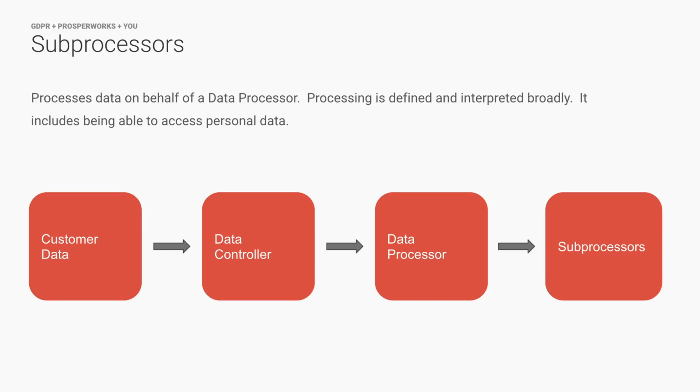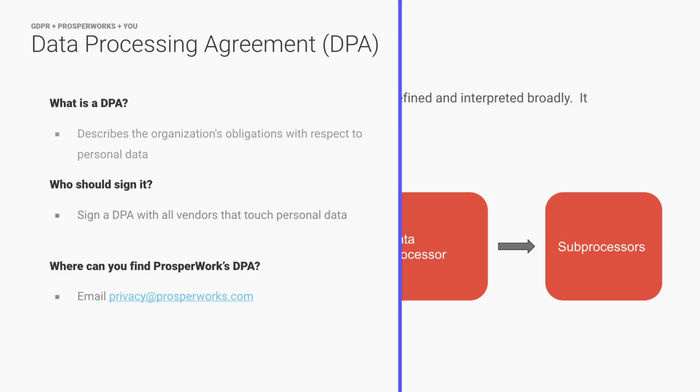So the key point is this: to be GDPR compliant, you need to secure your entire data processing chain. As a data controller, as a data processor, as somebody who uses data processors, and as somebody who has subprocessors, that entire chain needs to be secured or GDPR compliant for you to be GDPR compliant.